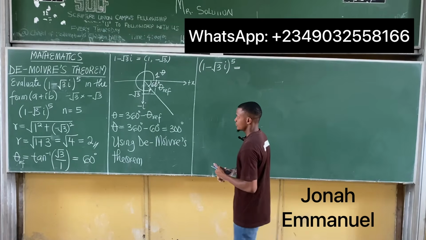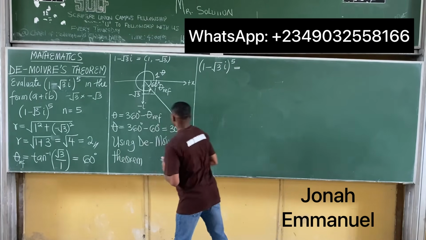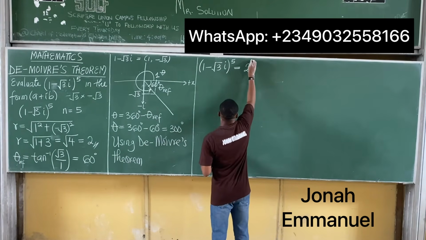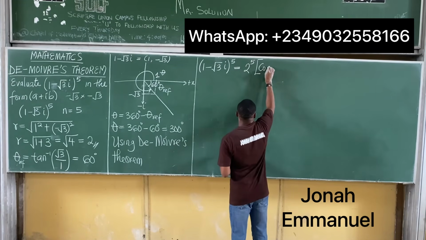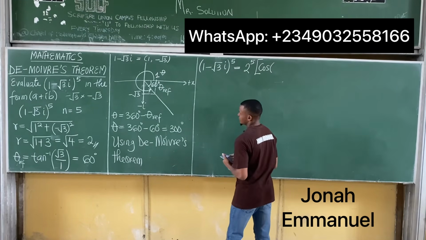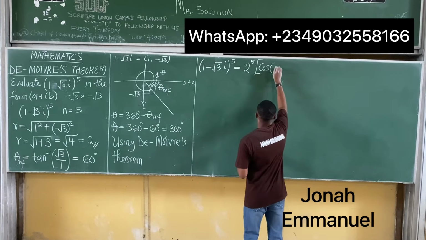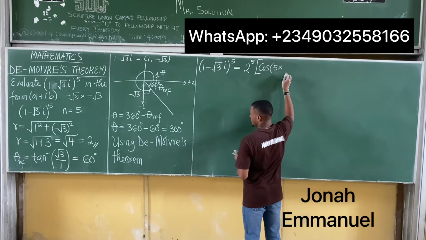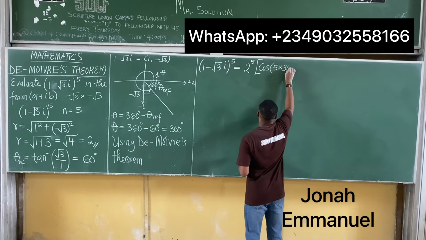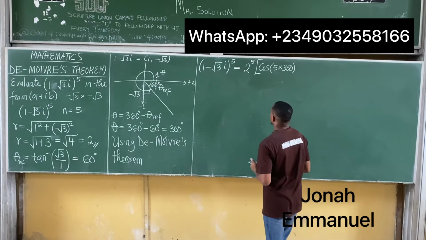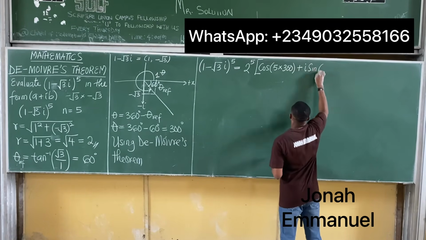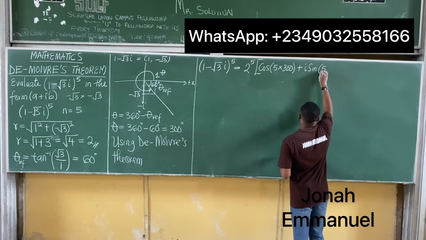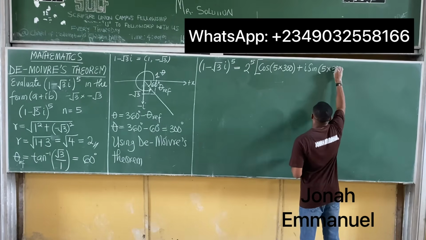R here is 2. So 2 to power n, which is 5, into cos n times theta, n is 5, so 5 times theta is 300, so cos 300 plus i sine n times theta, 5 times 300.